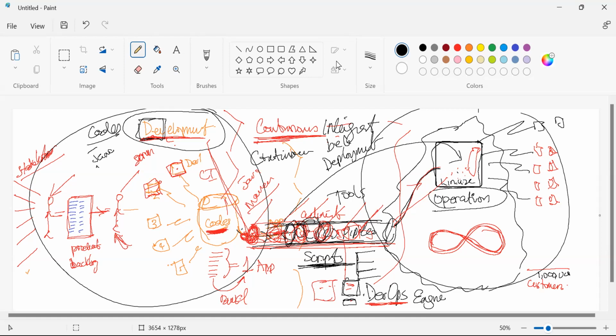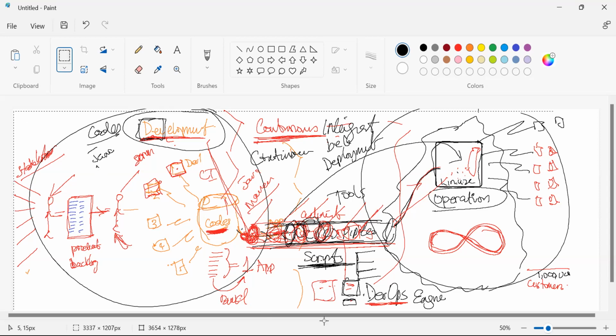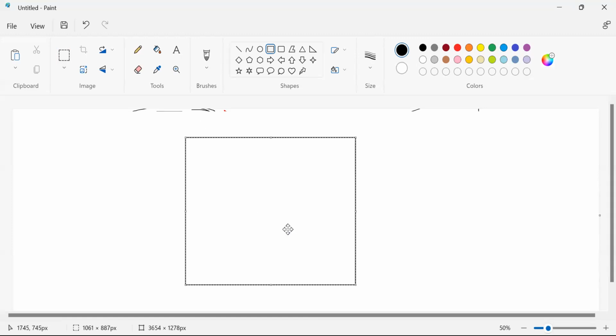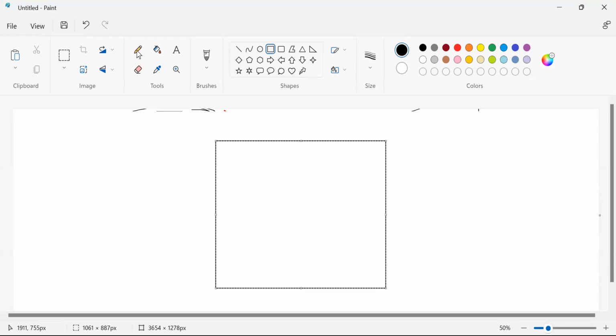Now, all of this would be done from Linux. Now we are zooming in on the DevOps engineering part.